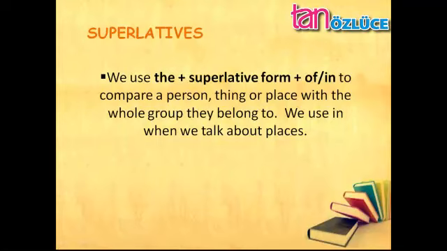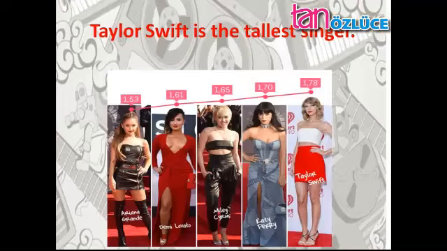And what I'm telling you is this one is number one. There is no other competition for this adjective. We use the before the superlative adjectives. And we use in when we talk about places. And we see the example.